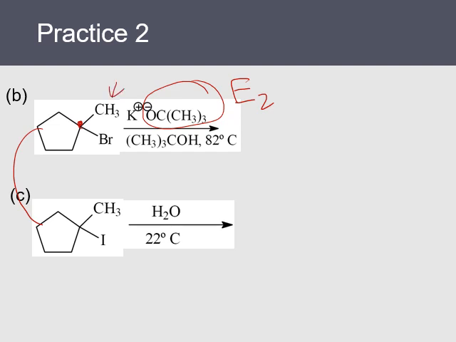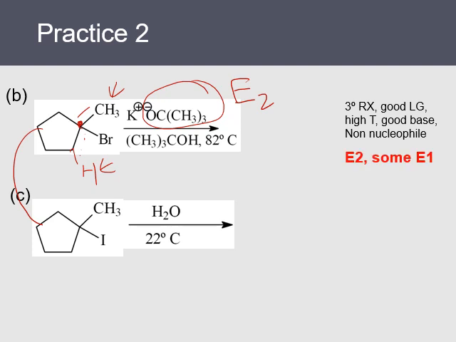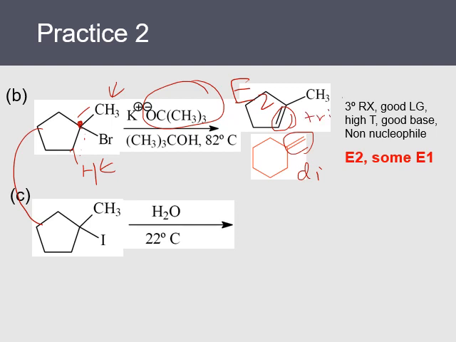If you take this hydrogen away, the double bond is here, or take a hydrogen from here and you get a double bond here. So you have two products. Which one predominates? The one that is highly substituted. This one is disubstituted, and this one is trisubstituted. So this will be the major product.